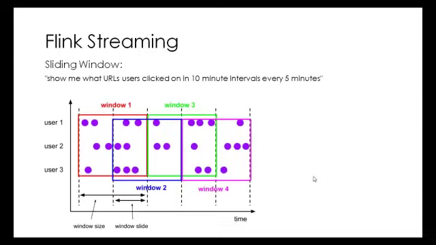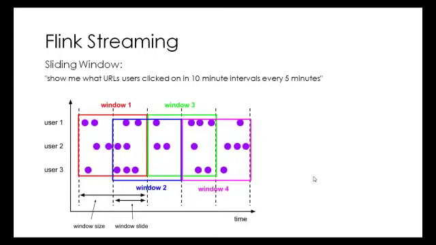A sliding window is just like a tumbling window, except you keep moving it along, and you keep asking what's going on with an additional time interval. So you might say, show me what URLs users clicked on in 10 minutes, but I want to know about it every 5 minutes.